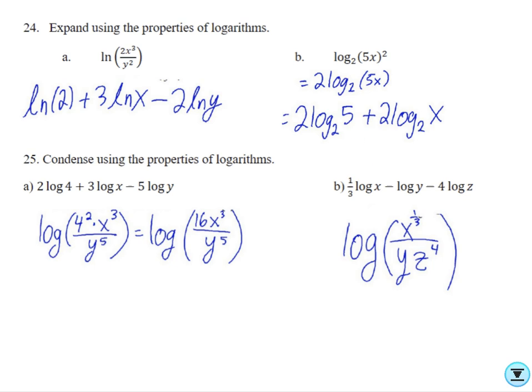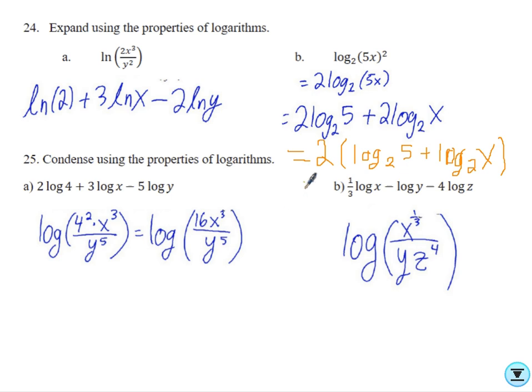You can also, if you want, make this 2 times log base 2 of 5 plus log base 2 of x. That would also be the same thing. Okay? You don't have to have it be distributed.